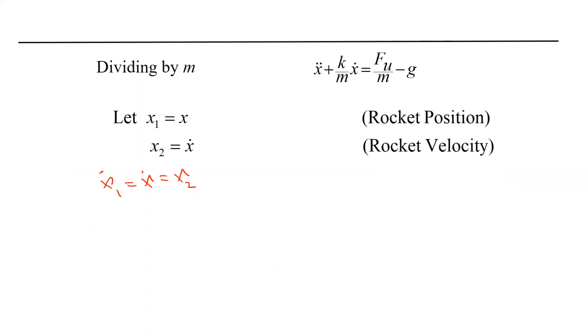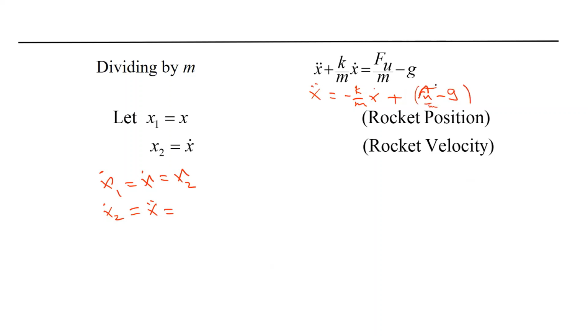So this is one differential equation. Let me get the second one, x2 dot, which is equal to x double dot. Using this equation, x double dot equals minus k over m x dot, plus fu minus g, all over m.